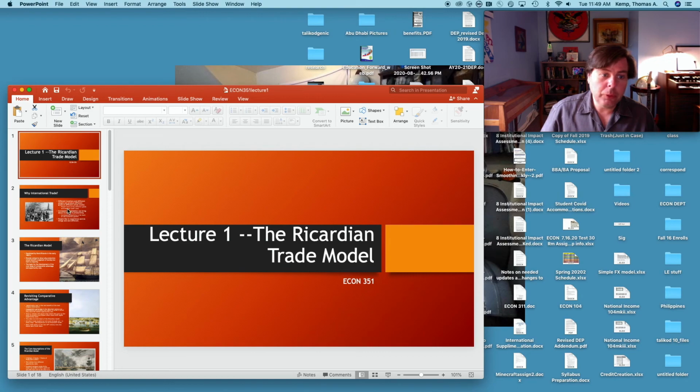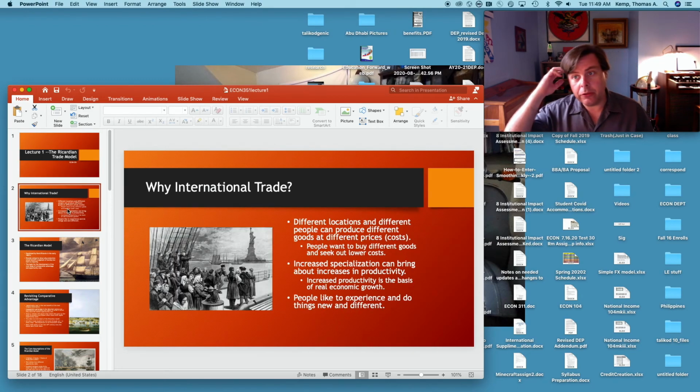So before we get in too far into this model, it's worth talking for a few minutes about international trade in a very general sense. Why do we have international trade? Sometimes politicians speak as though international trade is something that should be avoided.